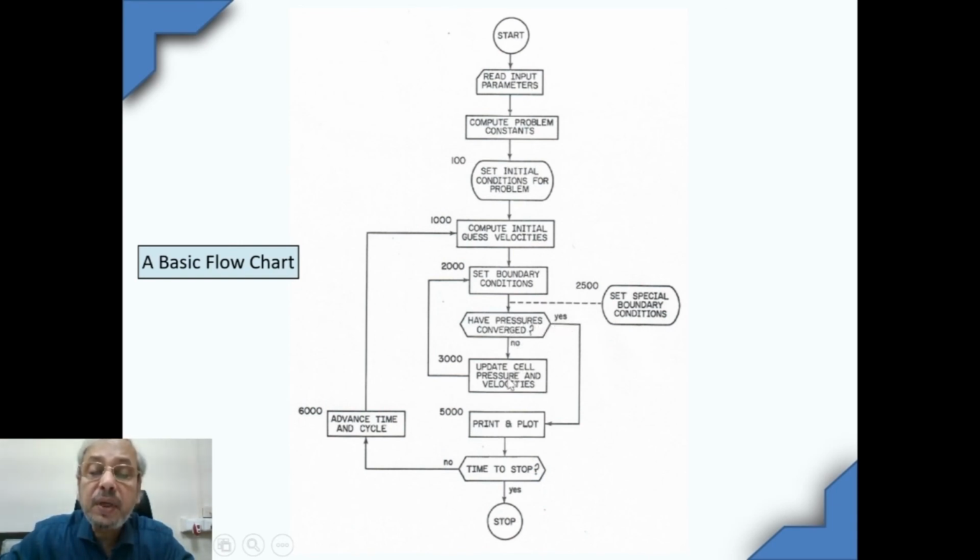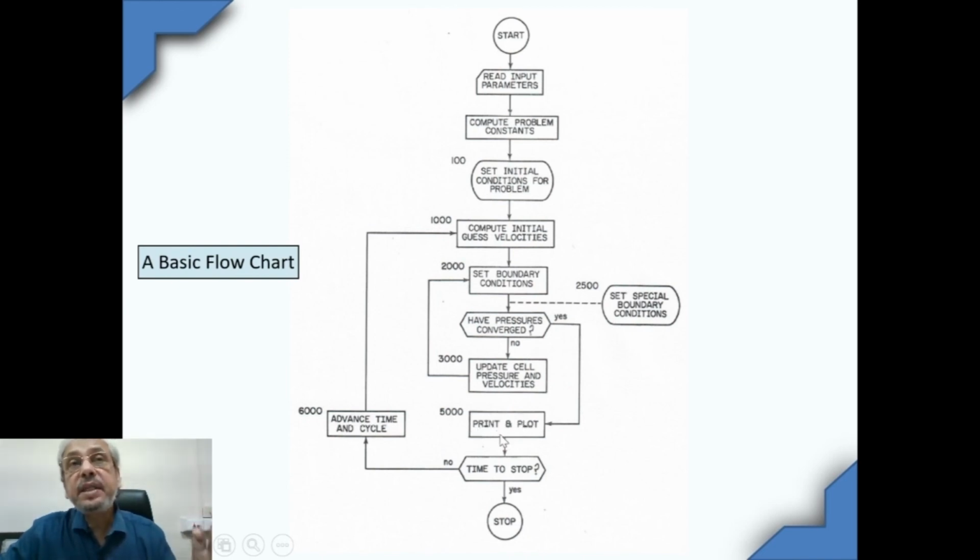If not, it will again enter the loop. If the pressure has converged, that means we have got correct pressure and correct velocities at each cell, a divergence free velocity field, the solution of velocity and pressure for that time level. So we can then print and plot.